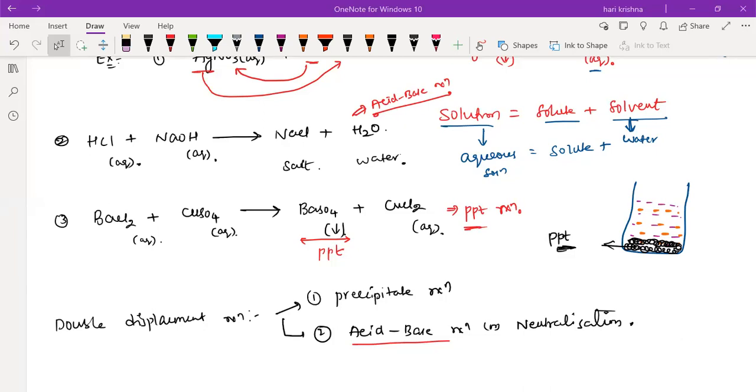Can you tell me once again? Nothing, so no doubt. Okay, so these are the different types of chemical reactions: combination, decomposition, single displacement, double displacement.